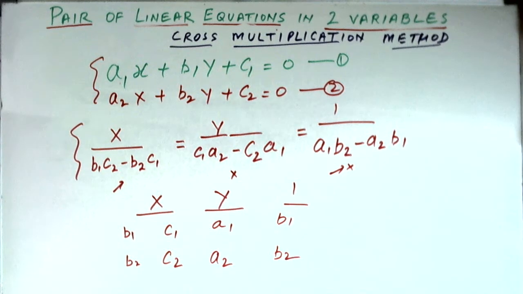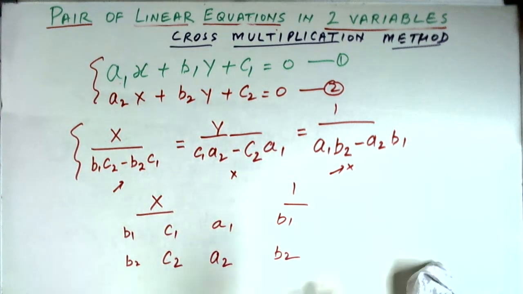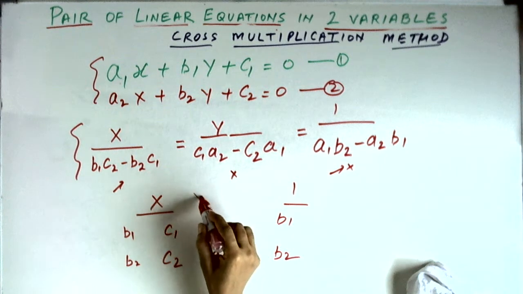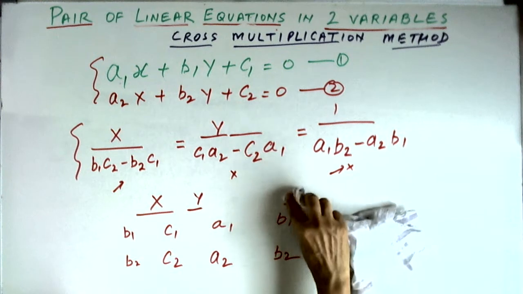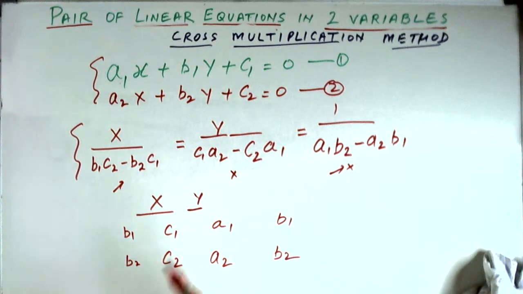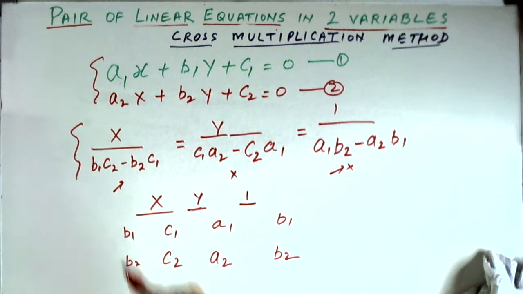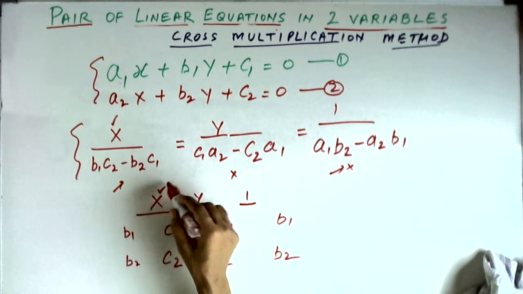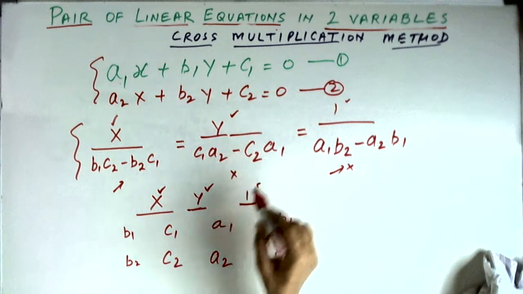I will write y slightly here because this is how the cross multiplication will work, and I will also write 1 here. So this is x, this is y, and this is 1.